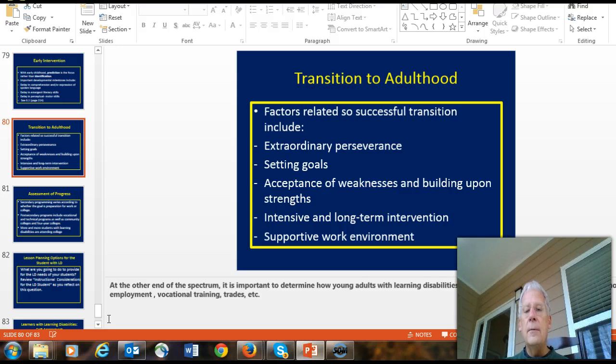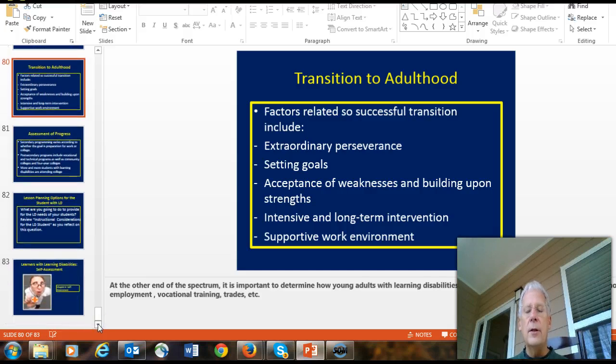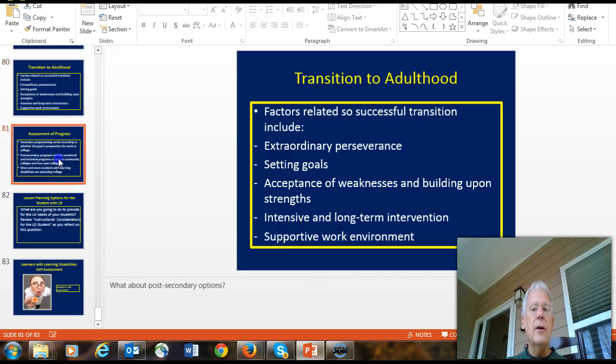Looking at interventions, short-term and long-term, that might be helpful when a student is transitioning, and then working to place that student in a supportive work environment where they have mechanisms for people to monitor the student, to get them back on the right path. When we're in class, I'll talk to you about a couple of experiences I've had in my professional career about transitioning students from high school setting to work settings post-secondary.